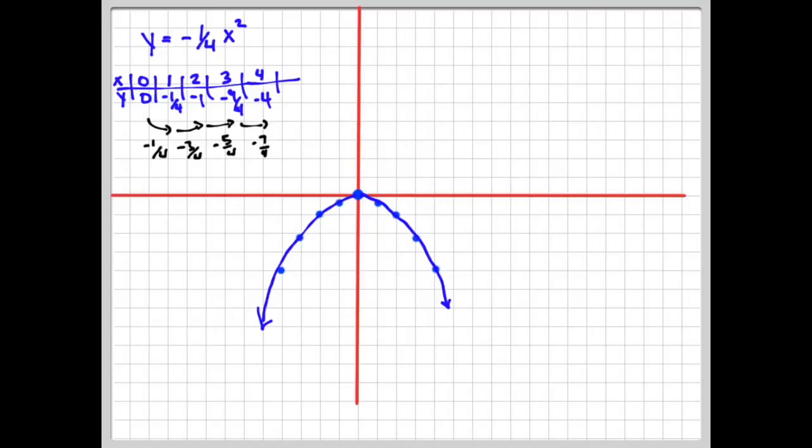Now, there's two things we need to notice about A. First of all, A is smaller than 1. So that's a vertical compression. Instead of a stretch, that's the opposite of a stretch, it's a compression. And since A is negative, or less than 0, we have a reflection over the x-axis.